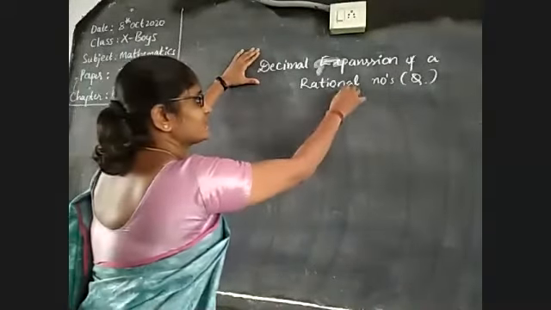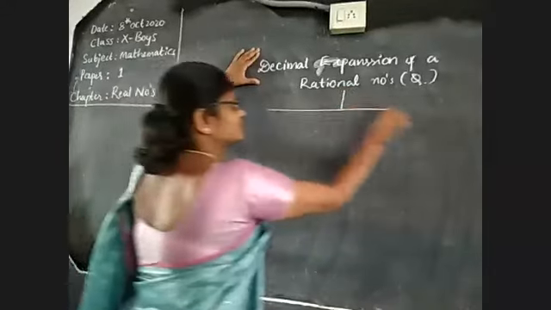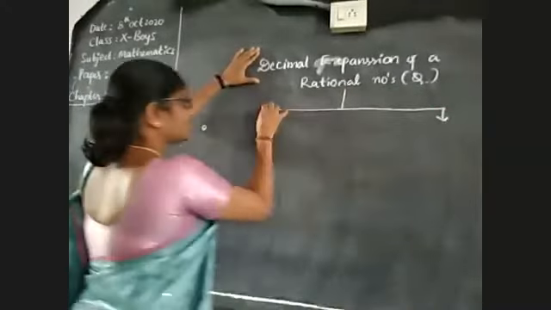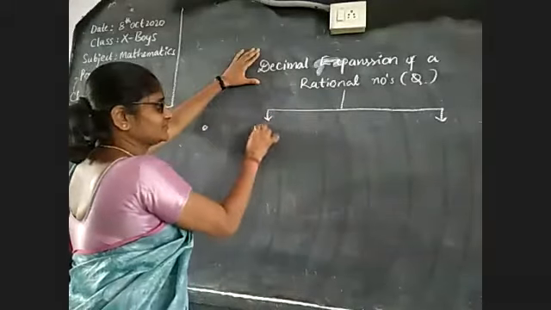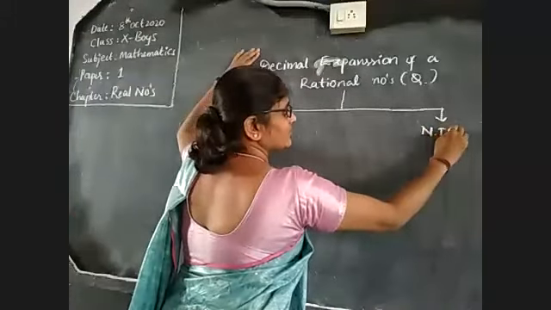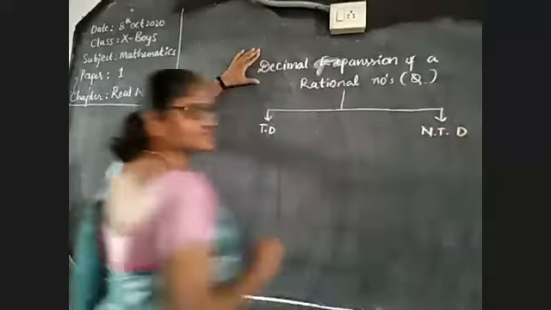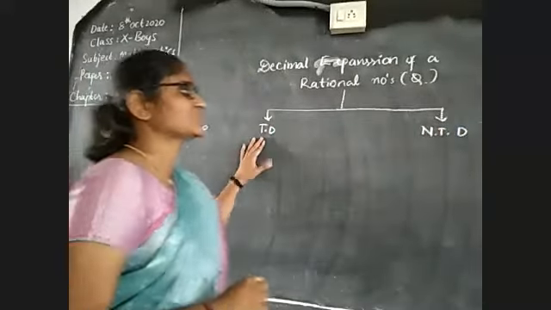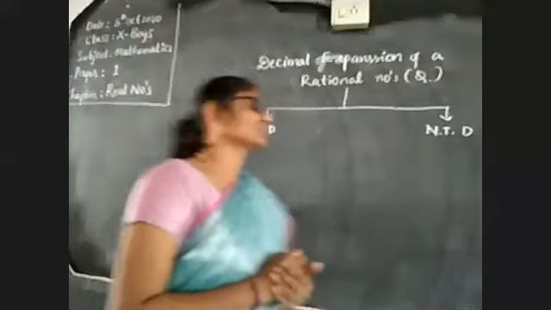Every rational number can be expressed in two different decimal expansions: terminating decimal and non-terminating decimal.